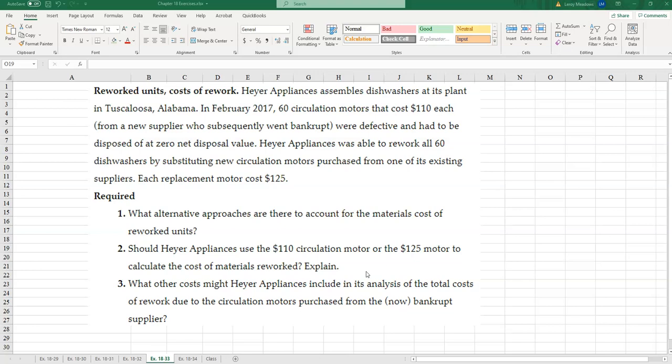So this exercise, while brief, is just an example to really think about what type of extra costs should go into rework costs. What additional costs are we including? In this case, it's not just a replacement motor, but a number of additional costs other than that.